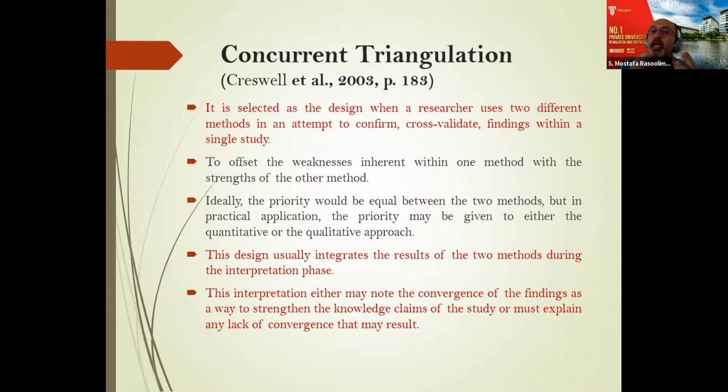So generally, again, not always, generally for concurrent triangulation, the weight of qualitative and quantitative are almost equal. So they have equal weight. Neither quantitative nor qualitative is dominant, but it depends on our research.